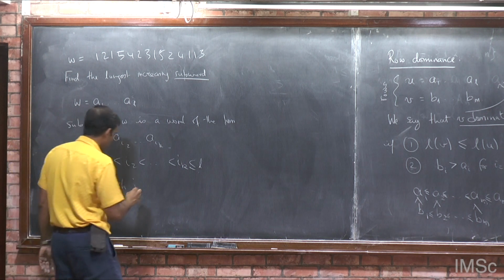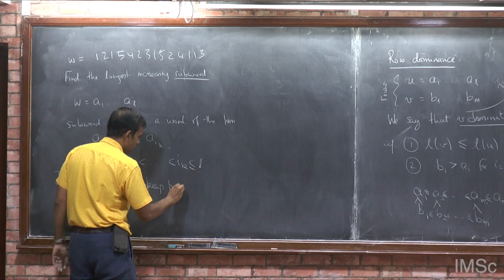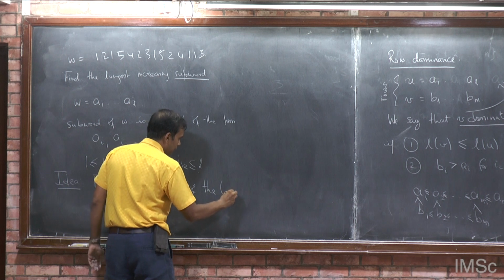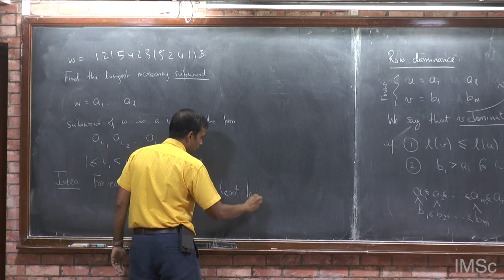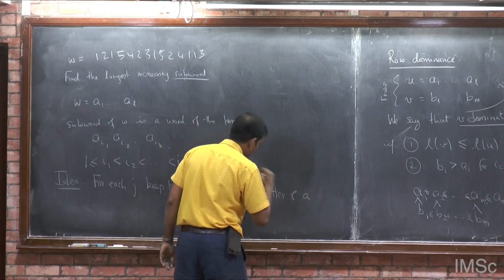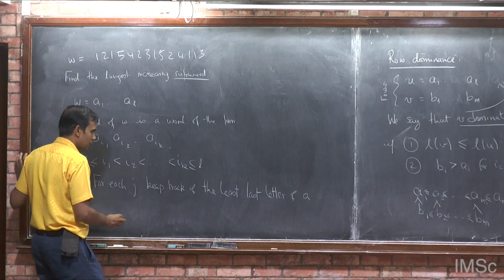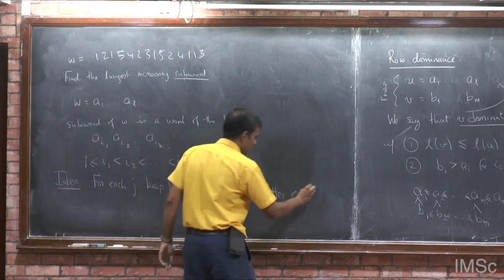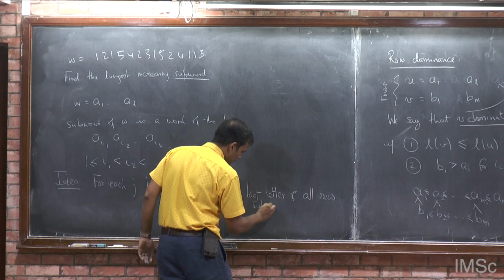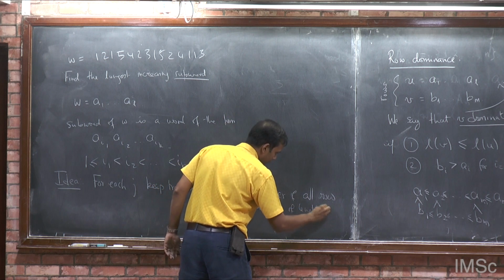So for each j, keep track of the least last letter of, when I say increasing subword, I mean row subword, of all row subwords of length j.